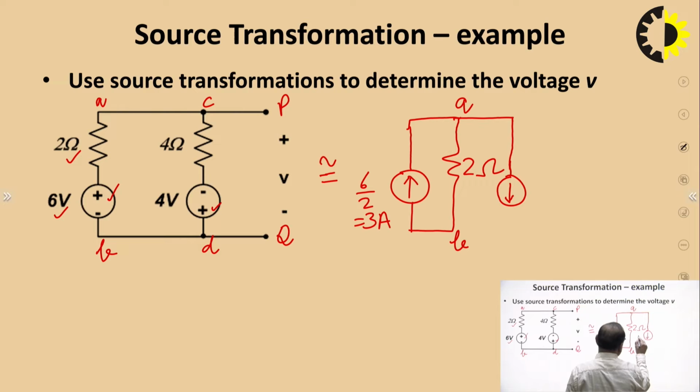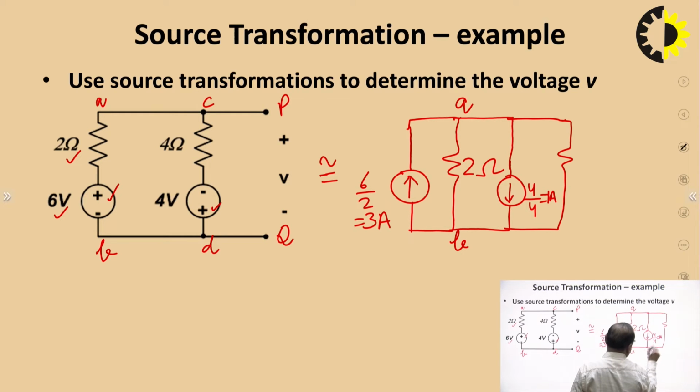So, this current will become 4 by 4, 1 ampere in the downward direction, and this 4 ohm resistance will be connected in parallel to this source since it is the internal resistance, and these terminals are again C and D.